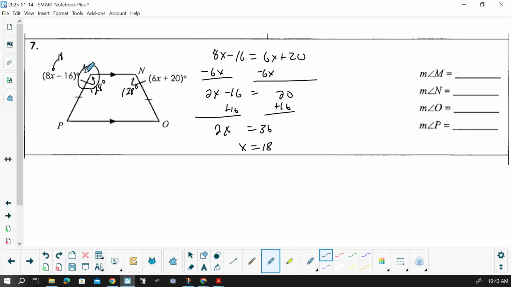And then along this line between the two parallel lines, adds up to 180. 180 minus 128 is 52. So this would be 52 as well. I did that last step in my head. I hope I did that math correct. Angle M, 128. Angle N, 128. Angle O, 52, and angle P, 52. Again, hopefully I did my math right.